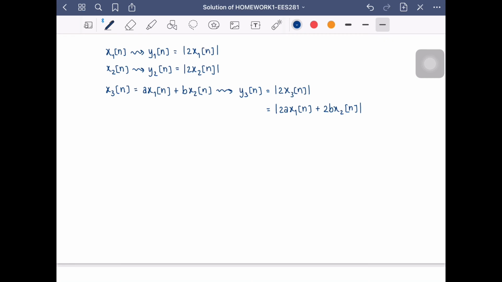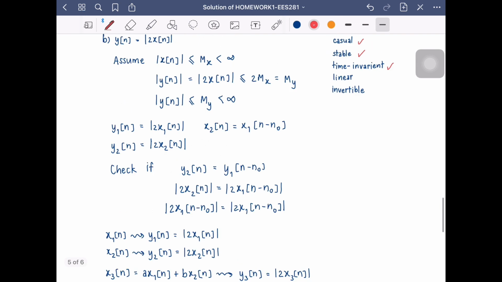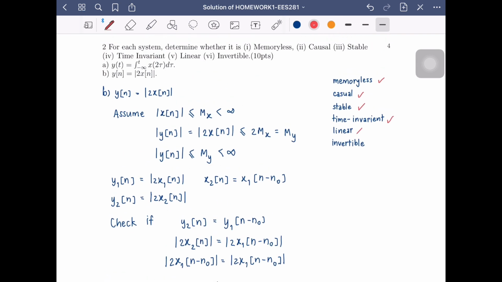Then we can see that y3 is not equal to the absolute value of a x1 plus the absolute value of b x2. We can conclude that this system is not linear, and since it cannot be converted back into the input, we can say that it is not invertible as well.